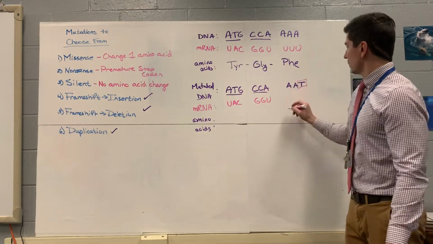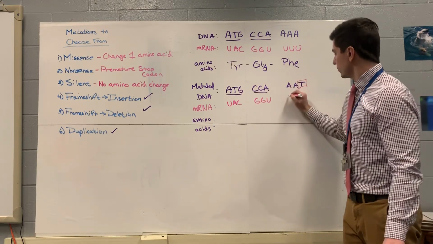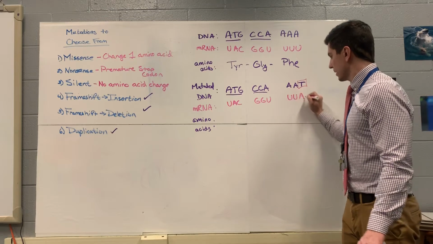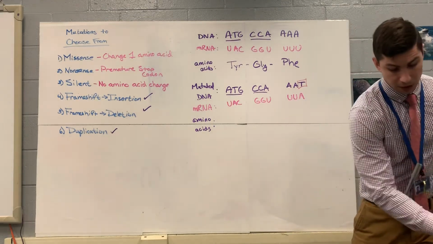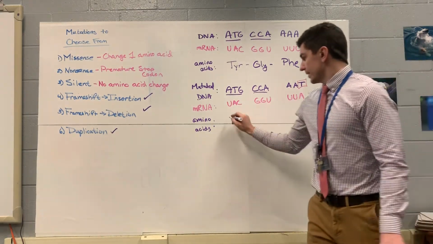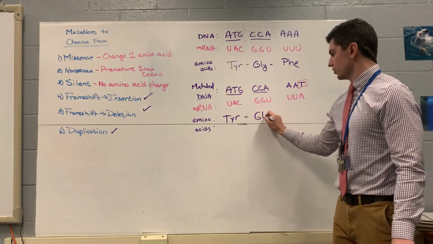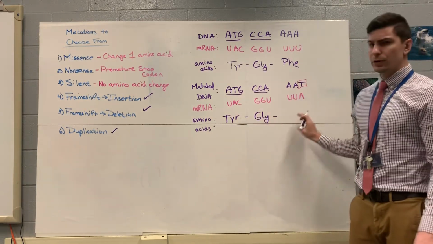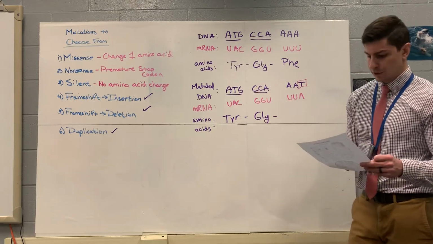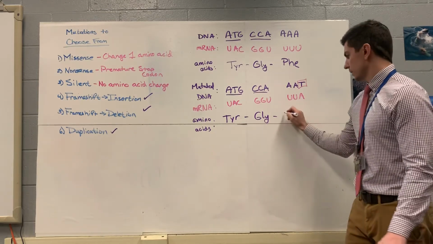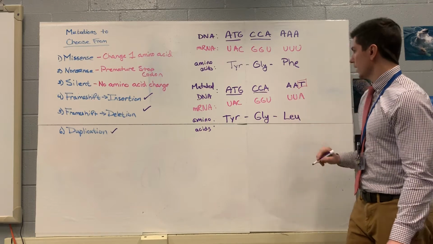everything's good there, but this one is no longer going to be UUU, it's going to go to UUA, okay? Going to our amino acids, this one's still going to be TYR, this one's still going to be GLY, UUA, let's put into our chart, UUA goes to LEU.